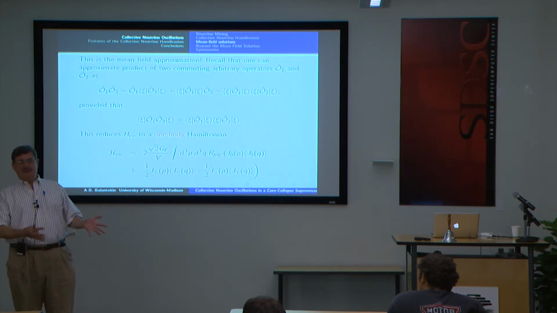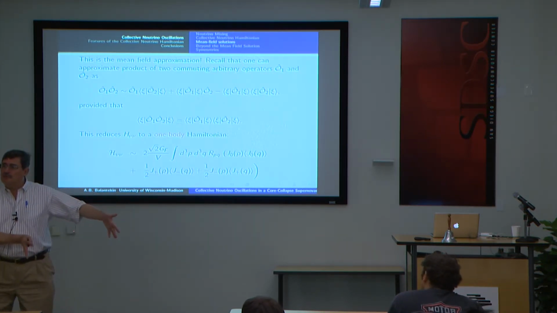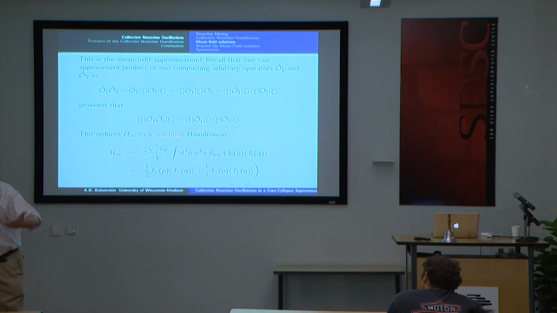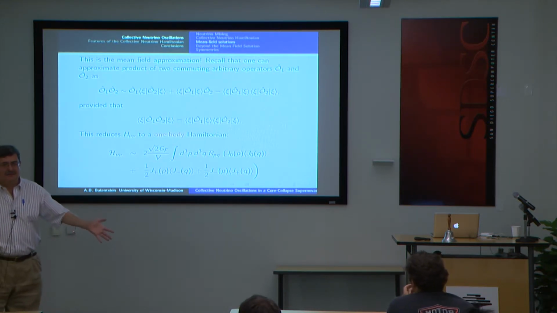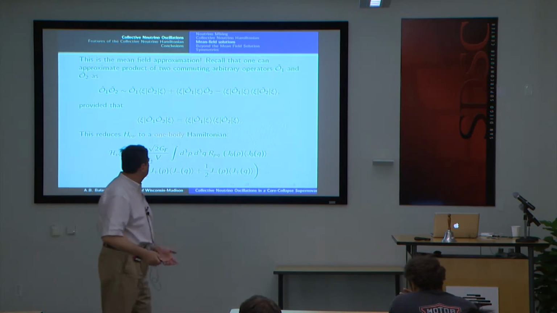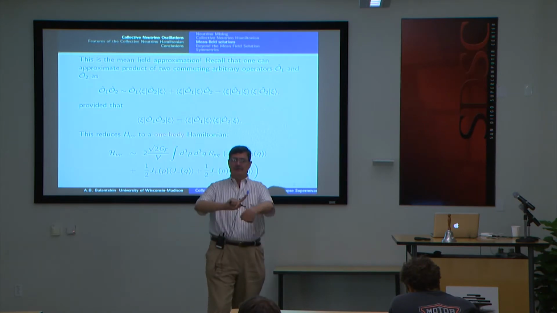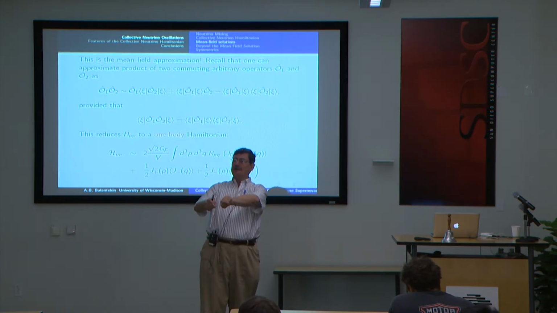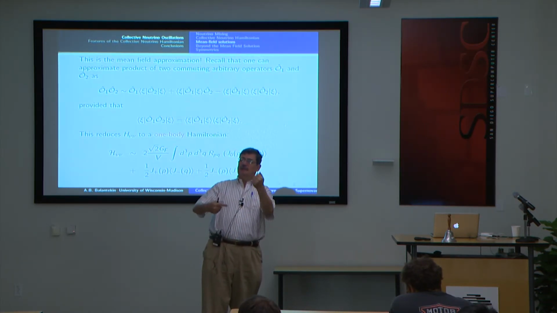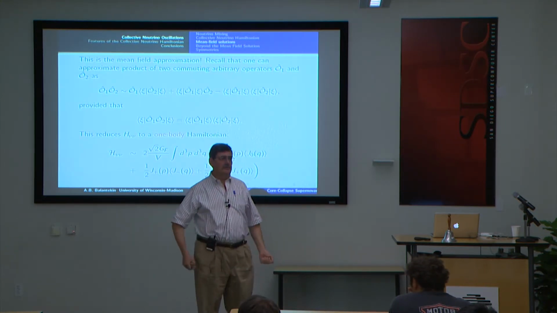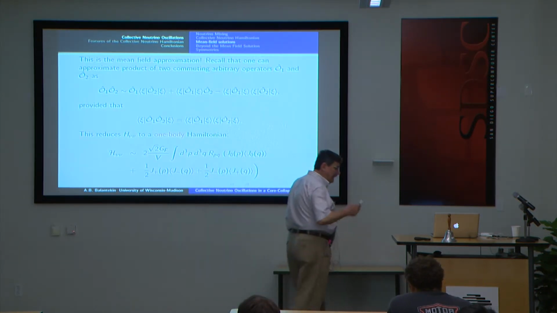What mean field theory does is replace those two-body interactions with appropriately chosen one-body interactions. One-body interactions are easy to do. That's ordinary quantum mechanics, a single particle moving in a potential. So basically, instead of having two particles interacting, you try to write that as one particle interacting with a potential, which looks trivial, but it actually isn't.